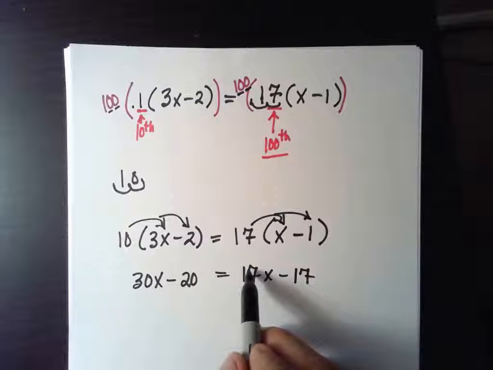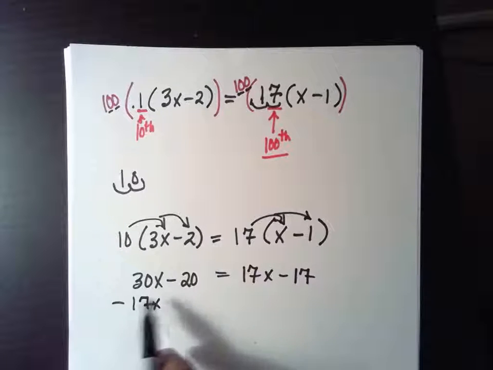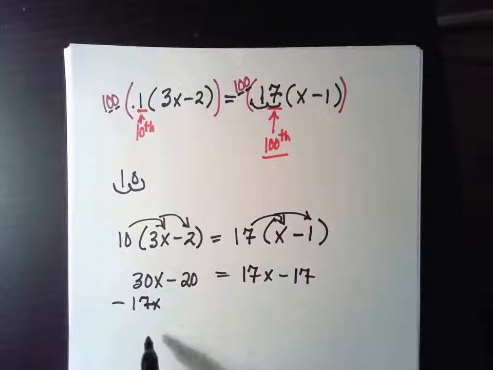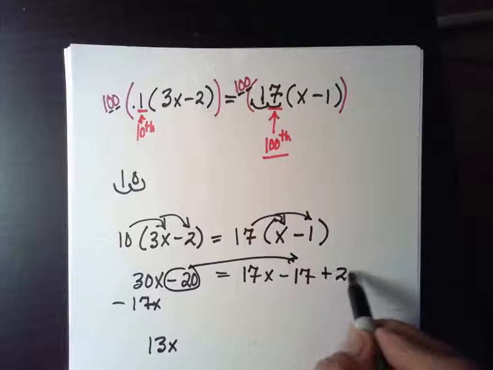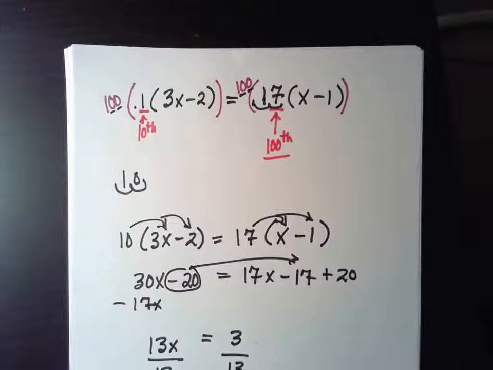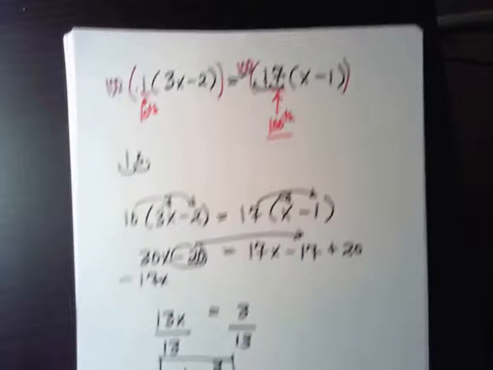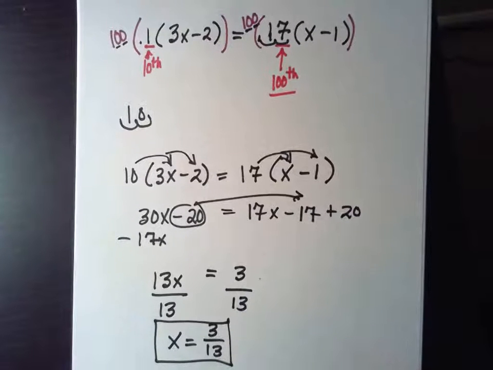This is the smallest bucket, so it goes across the river. That'll leave you with 13x. The negative 20 goes across the river, becomes a positive 20, is equal to 3. X is equal to 3/13. And that's how you clear fractions and decimals.